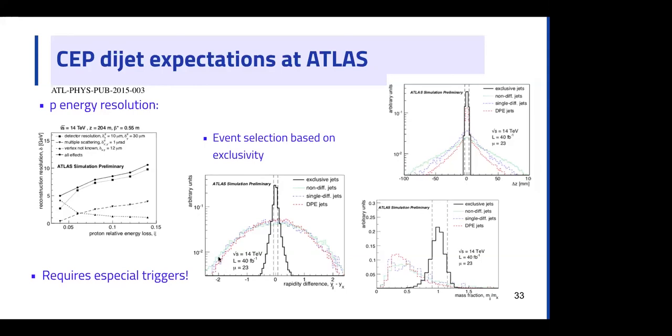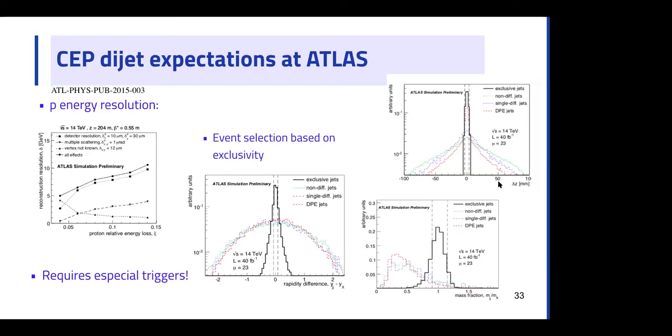While for the other backgrounds that include double Pomeron exchange, single diffractive events, or non-diffractive events with accidental coincidence with protons, they are very different. Here we see also the invariant mass of the central jets with respect to the invariant mass lost by the protons. And we see that for exclusive jets, they peak at 1, while all the other backgrounds peak at much lower values.